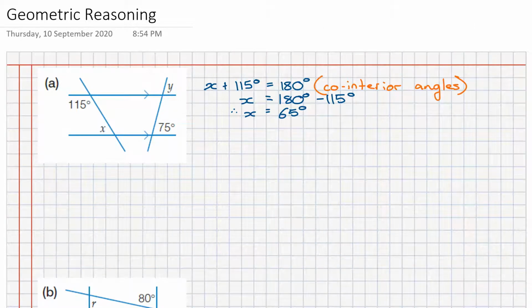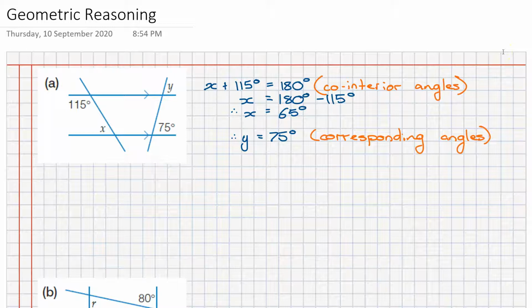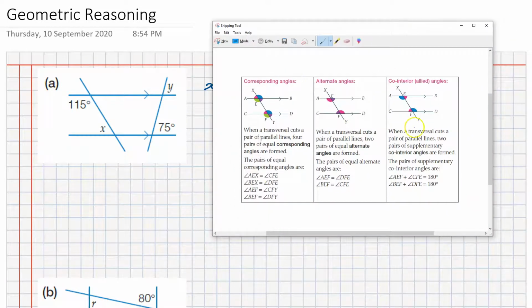We can simply go straight in for the kill and say y is equal to 75 degrees, and the reason is that they're corresponding angles. So nothing too flashy. All we're doing is having a look at the diagram and trying to match it to these geometric patterns. If we can see the pattern, we just state it and use it, and therefore we know what the angle is going to be.